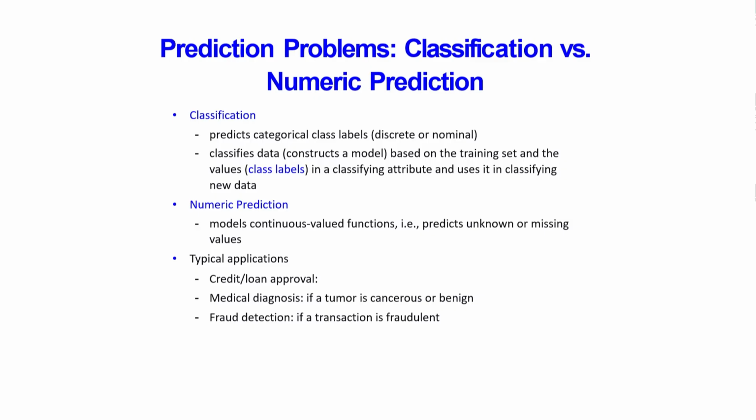You must be seeing advertisements on your mobile phones where companies allow you to detect whether a website is fraud or not. They use a classification algorithm to separate them. The moment you click, if it is a fraud website, it will not open; if it is non-fraud, only then will it open. That is a typical classification problem.